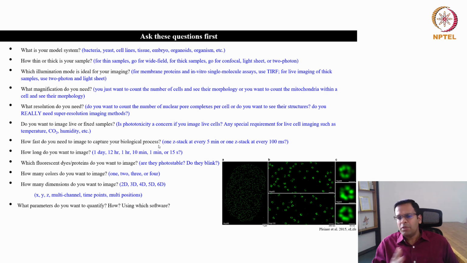I can image every 5 minutes for, let's say, 1 hour or even 2 hours to capture the different stages of the cell cycle, like prophase, metaphase, anaphase, and how the cell is actually dividing. So just by taking one Z-stack image every 5 minutes, I can capture that process of cell division.